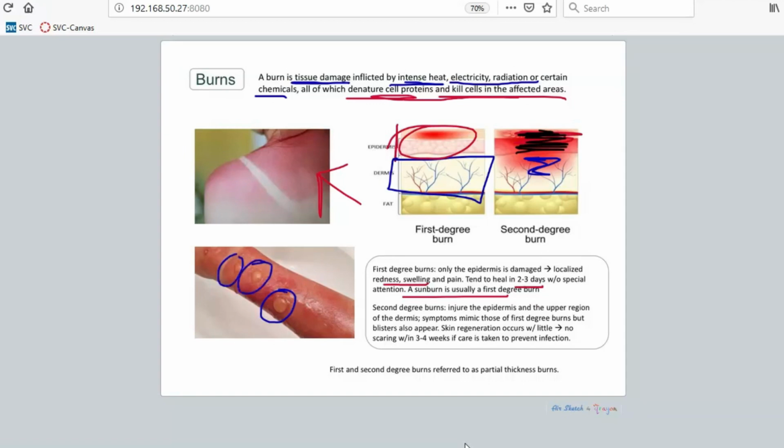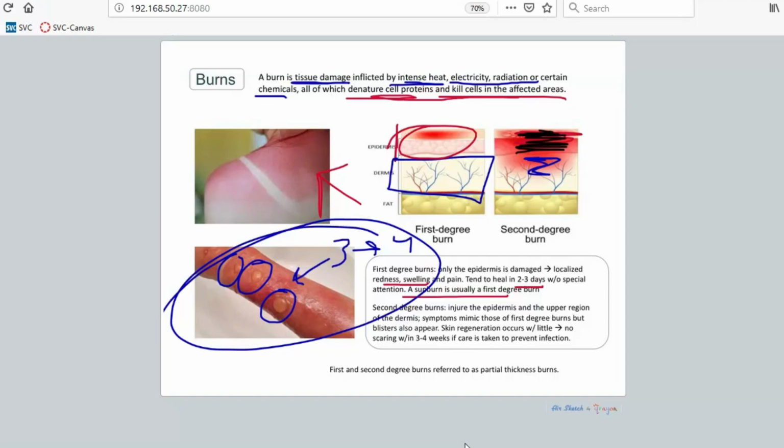This is intense UV exposure that can lead to some skin cancers. This can take 3 to 4 weeks to heal, but it should be able to heal. And I'll tell you what, when I moved to North Carolina for grad school, I definitely got some second degree burns with all that heat and my naivety with regards to the sun at the time.